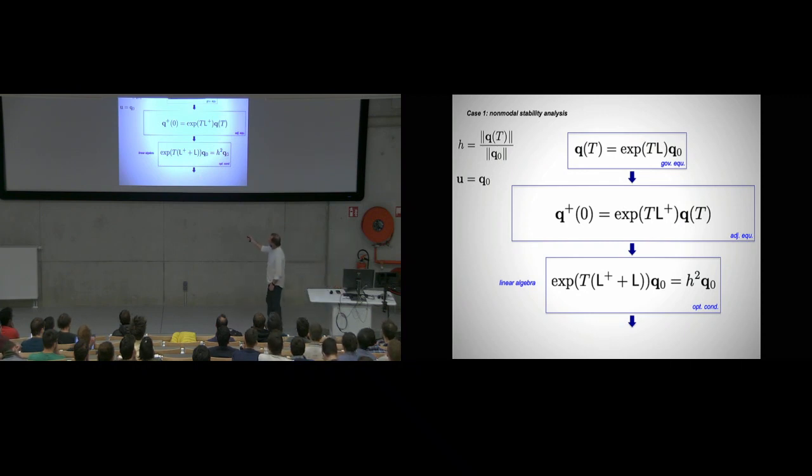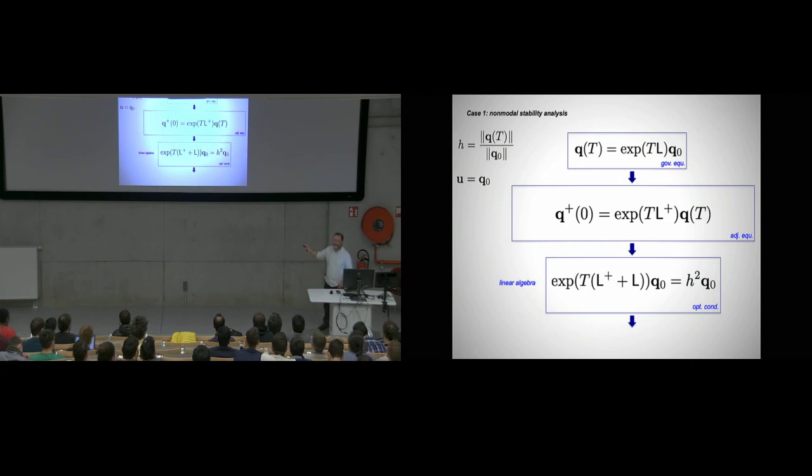Now, if you break this one apart, suddenly linear algebra is doing the optimization for us. Okay? So you should be aware of that. When you calculate eigenvalues or singular values, you actually solve a very specific optimization problem. Okay? Keep that in mind. So if you break that apart, this is e to the tL times e to the tL plus. Okay? So it's a little bit like the form A times A transpose.